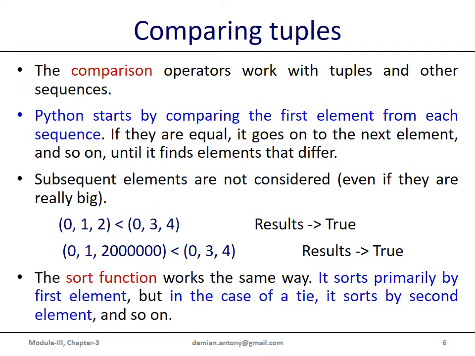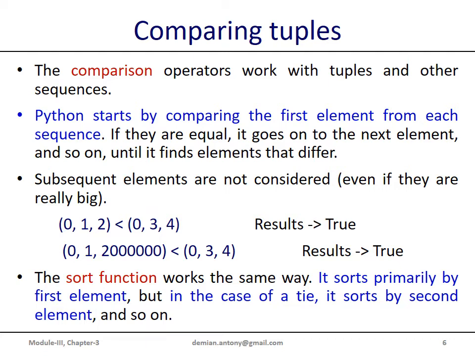Since it is possible to compare tuples, we can sort tuples. Sort primarily sorts the list of tuples based on the first element. In case of a tie, it sorts based on the second element and so on.